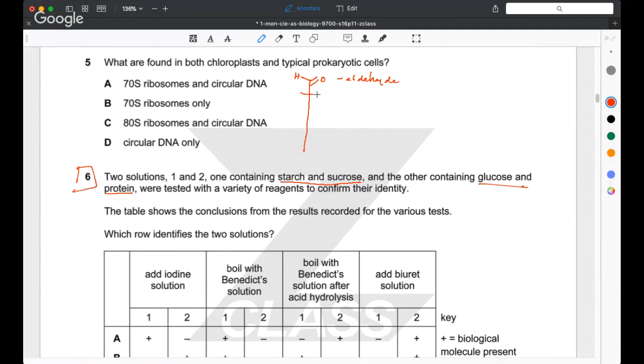And then you've got OH groups as you go along the carbon chain, like this. This is glucose.